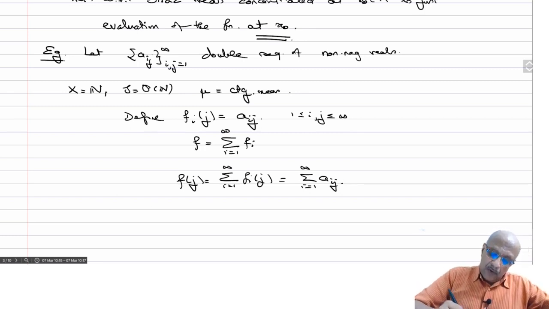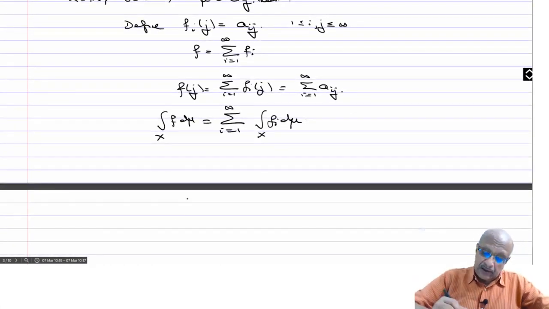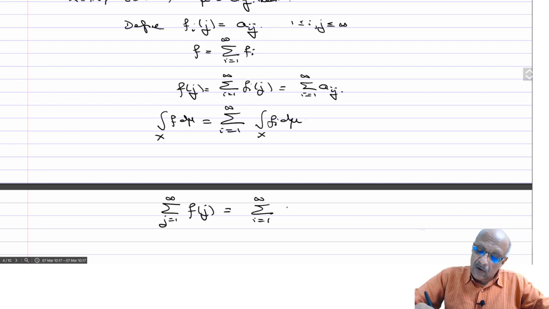Now we know that the integral of f d mu is summation i equals 1 to infinity of the integral over X of f_i d mu. But we are now in the counting measure on the natural numbers. So what is the integral of f d mu? It is sigma j equals 1 to infinity f of j, which is equal to sigma i equals 1 to infinity of sigma j equals 1 to infinity f_i of j.